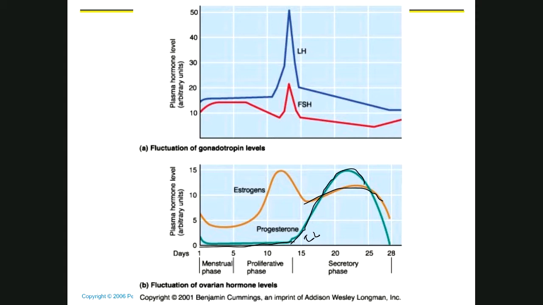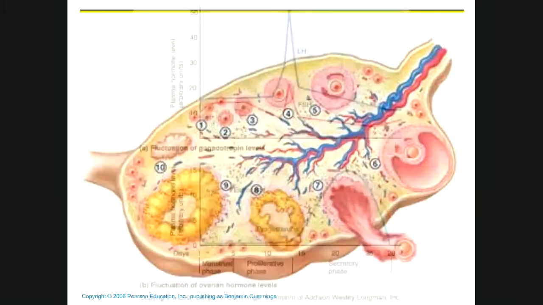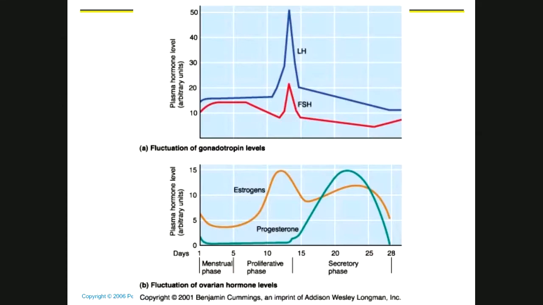But this thing is only going to live for 14 days. And at the end of 14 days, it's going to die. And when it dies, it can't make any hormones. So look what happens when it dies.